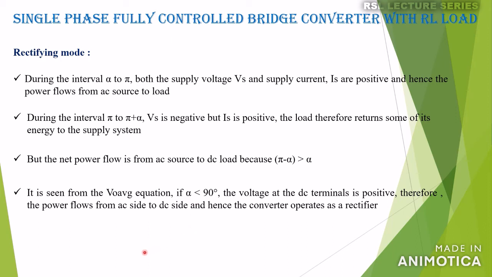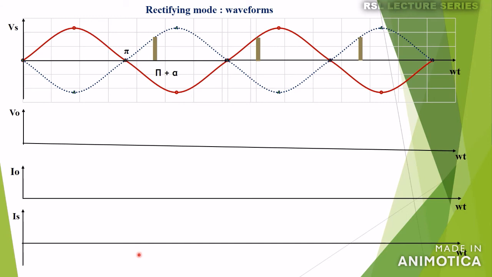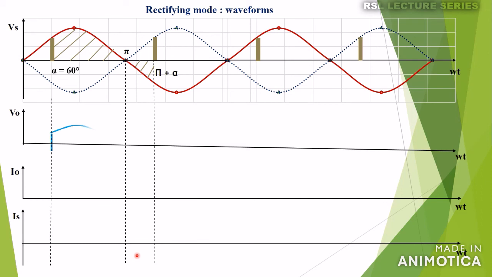So this is the waveform for the rectification mode we have seen already. When alpha is 60 degrees, that is less than 90 degrees, this shaded portion will appear across the load. This positive portion is larger when compared to this negative portion. That is, the average value of the load voltage is positive.